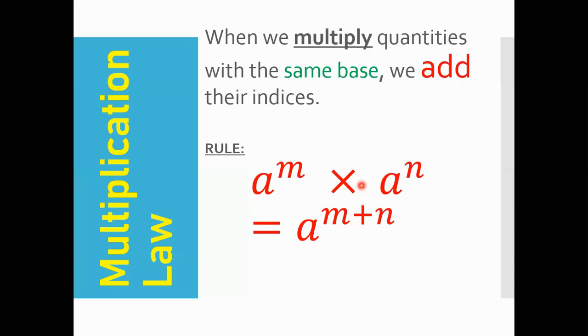So if you have A to the power of M times A to the power of N, all you do is you add the exponents. You keep the same base. So if your base was 3 and your base was 3, you will have 3 to the power of m plus n. And then obviously if m and n are numbers, you would just add the numbers to simplify. But this is the basic and general rule for the multiplication law.